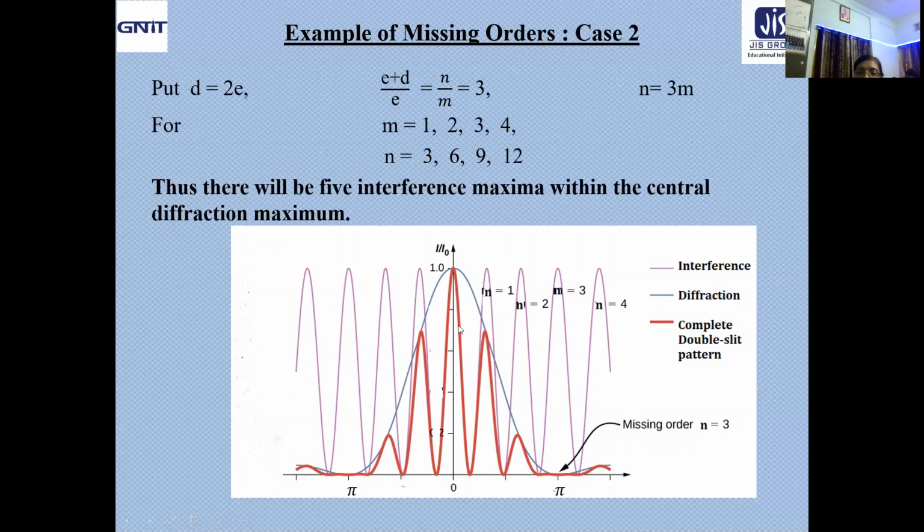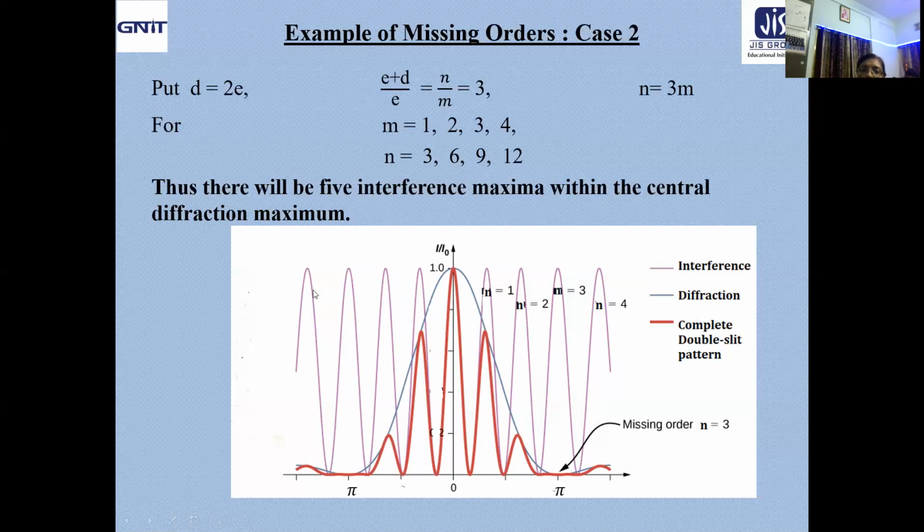That means in the resultant diffraction pattern, you will find 5 interference maxima of decreasing intensity or amplitude within the central single slit diffraction pattern, and similarly in the position of secondary maxima you will get the corresponding data. Mind it, along y we have plotted I by I0. So at this point I equal to I0, that's why we are getting 1, the maximum value here.